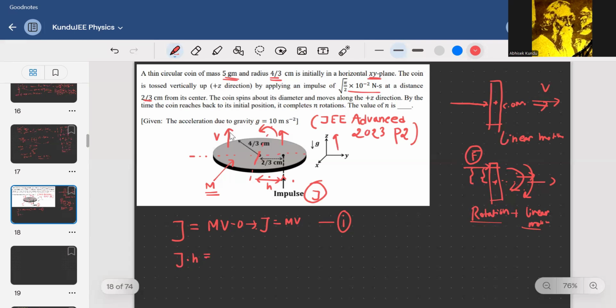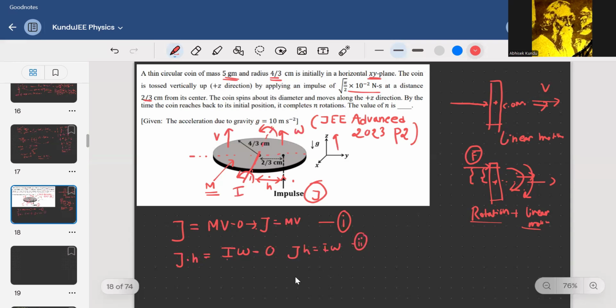Suppose it is going up with velocity v, at the same time it is rotating with omega with respect to the diameter. Let us assume that with respect to the diameter, its moment of inertia is I. So it will change the angular momentum of the coin. What is the final angular momentum? I omega. It gets omega amount of angular velocity and its moment of inertia is I. Initially it was static, so initially 0. So basically J h is becoming I omega. That is equation number 2.